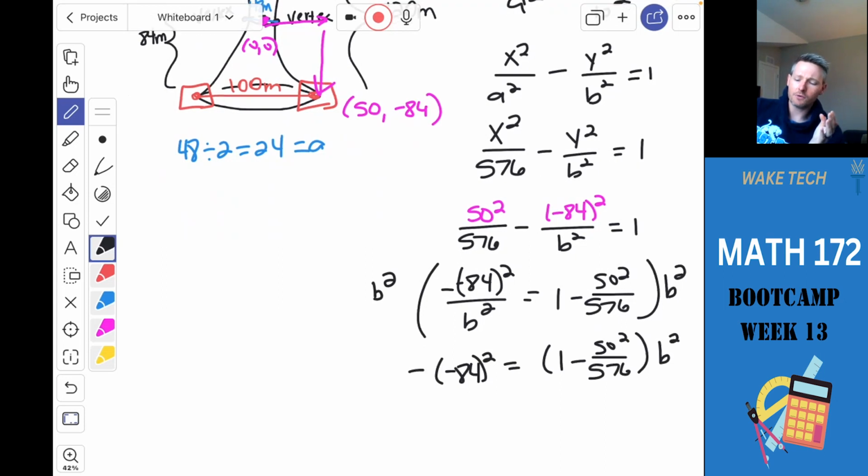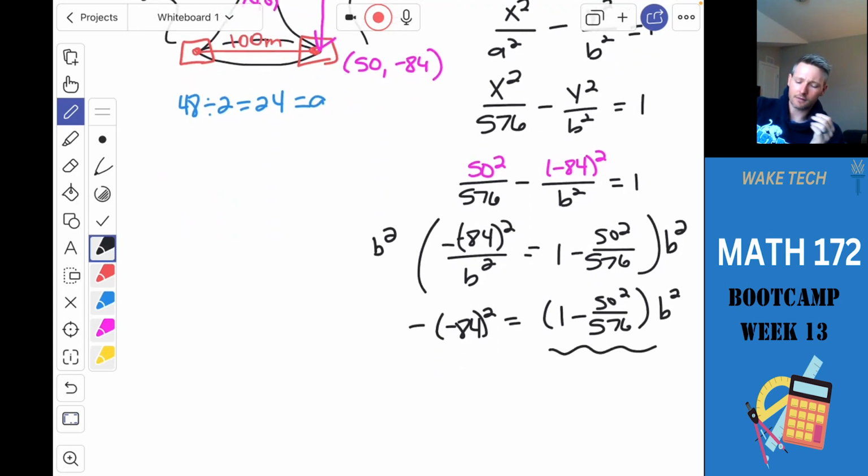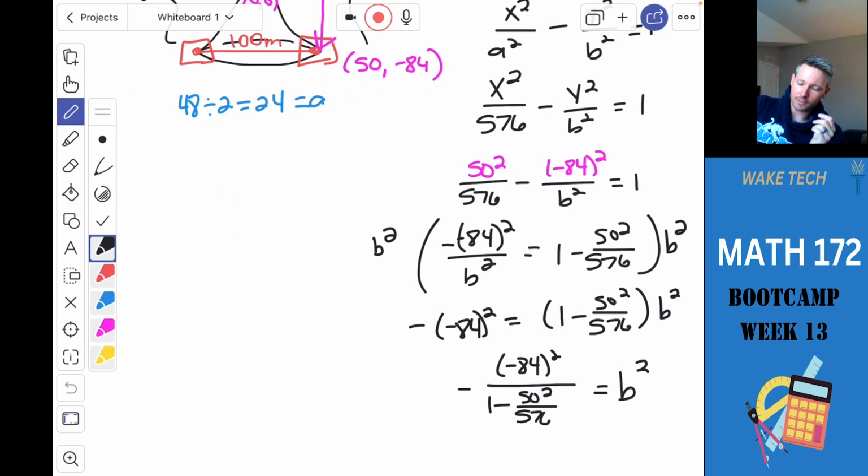And then to solve for b squared, we'll divide by the stuff in the parentheses on the right side. So b squared is equal to negative 84 squared over 1 minus 50 squared over 576. But then we can calculate that number.